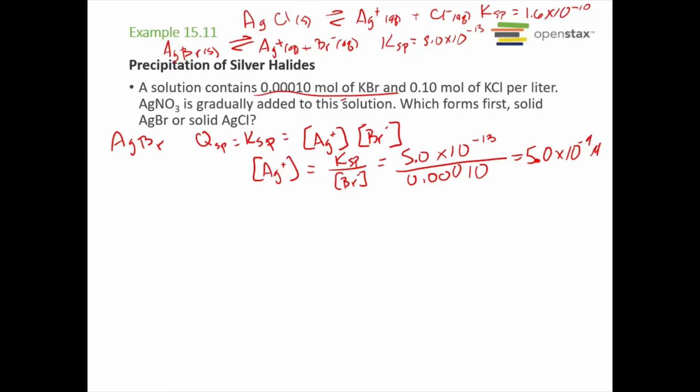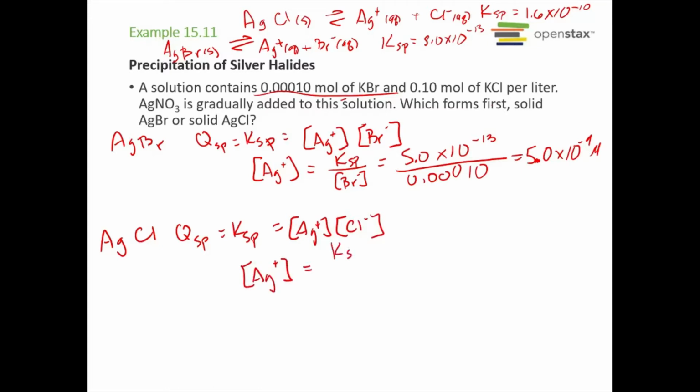Now we need to do this for AgCl. Same thing, QSP needs to equal KSP, which is Ag+ times Cl-. And the concentration of silver is equal to KSP divided by Cl-, which is equal to 1.6 times 10 to the negative 10th divided by the concentration of Cl-, which is 0.10 molar. And this gives us 1.6 times 10 to the negative 9th molar for silver.